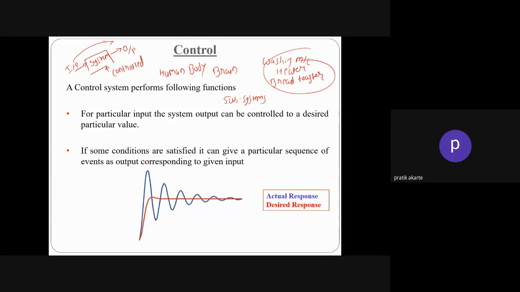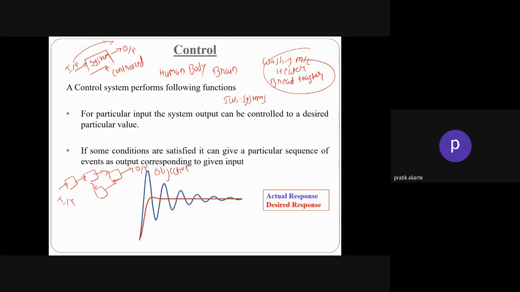So what is a control system basically? These are the various elements or subsystems connected with each other in a particular sequence to have some input and to get some output. That output will be your objective. So that is what we call a control system. It's a combination or arrangement of subsystems in a particular fashion to attain certain objective.